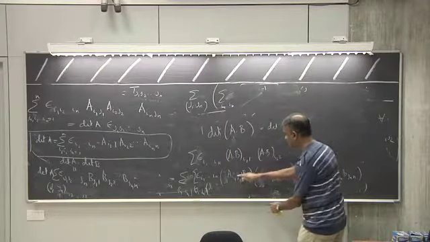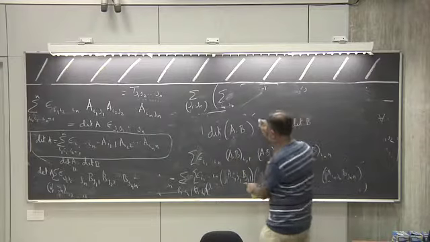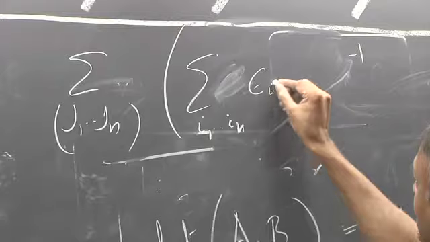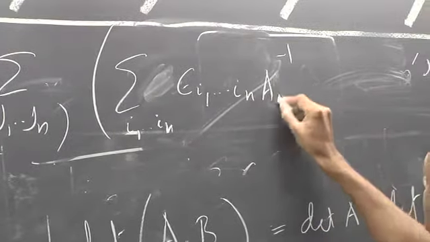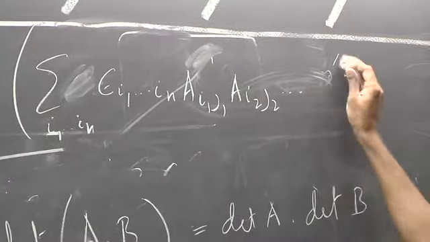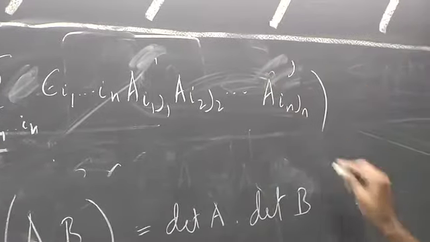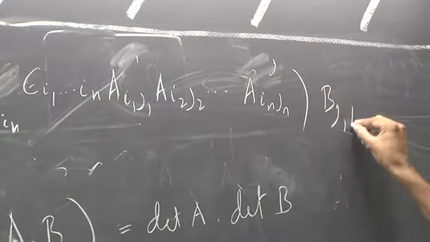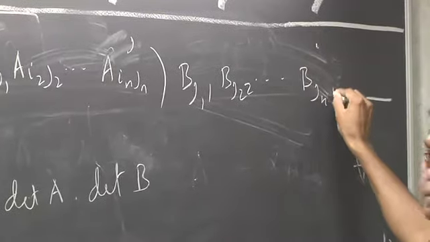After all, this is a product inside the sum, so I put all the A's together. So here you have epsilon I1 up to In, and then A I1 J1, A I2 J2, all the way up to A In Jn. But I still have the remaining B's: B J1 1, B J2 2, up to B Jn n.